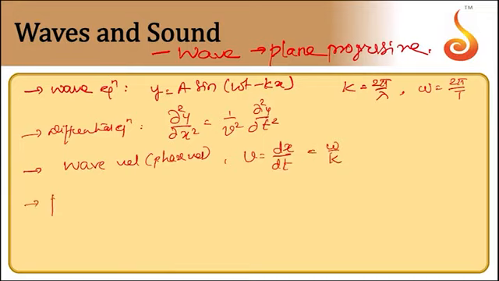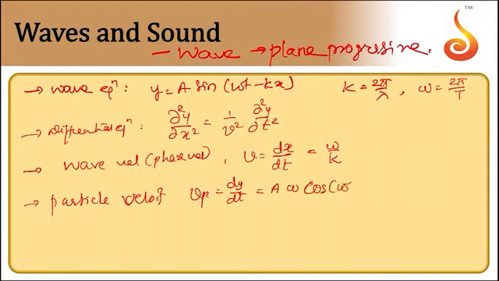And the particle velocity, that's the velocity at which the particles oscillate, is given by Vp, which actually is dy by dt. That is given by a omega cos(omega t minus kx).